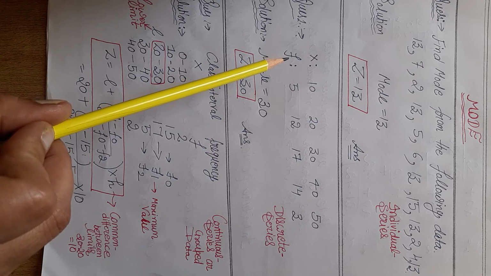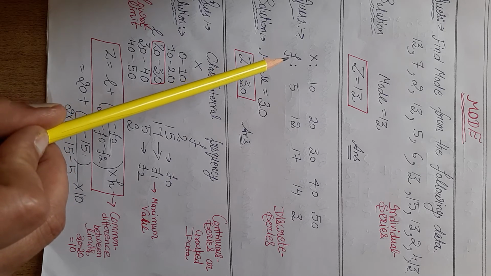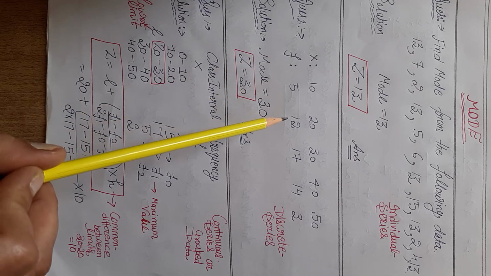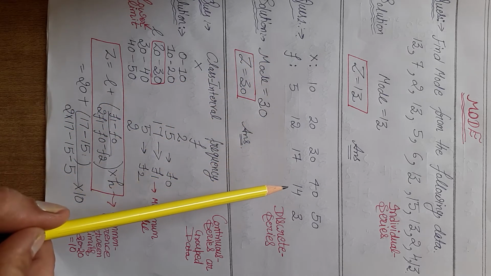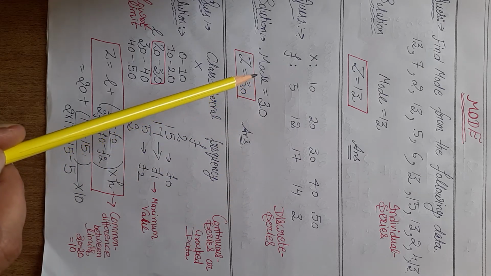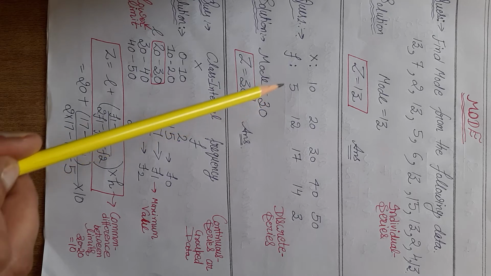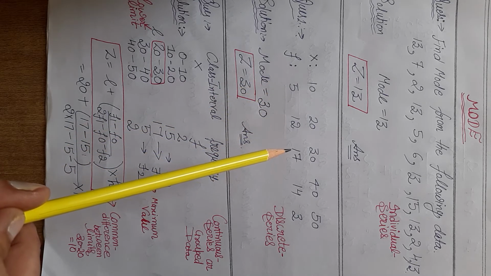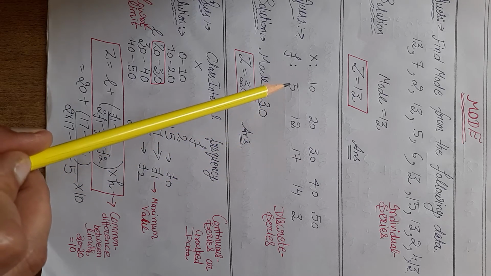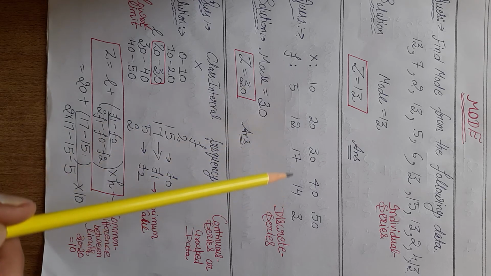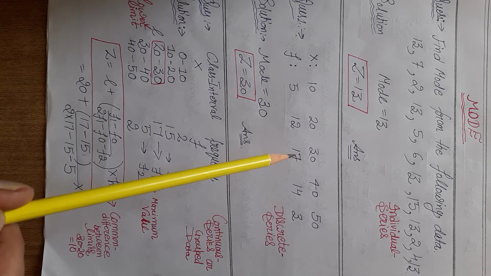Number of students, number of persons, number of males, females, anything. That is 5, 12, 17, 14, 3. In this series, the maximum frequency is 17. You can see here the maximum frequency in this table, that is 17.